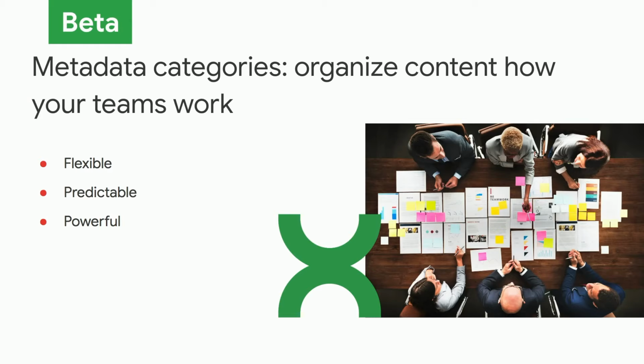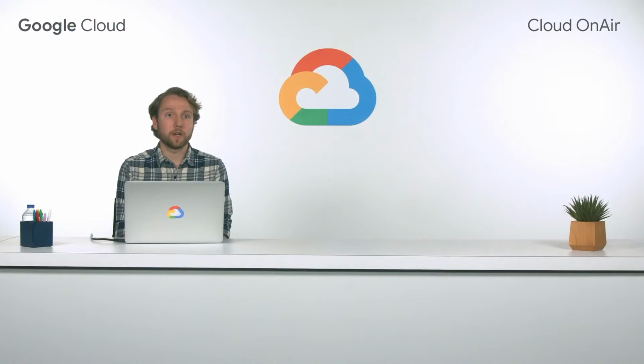This will help you organize the way your content works. You can label a bunch of files that all relate to each other, or you can label files that are part of a process together. It's meant to be an extensible feature that can fit whatever business process you're trying to uplift using G Suite. And it's extremely flexible.